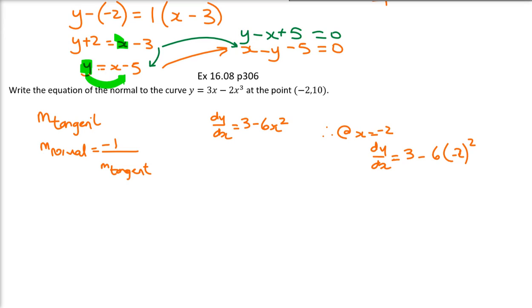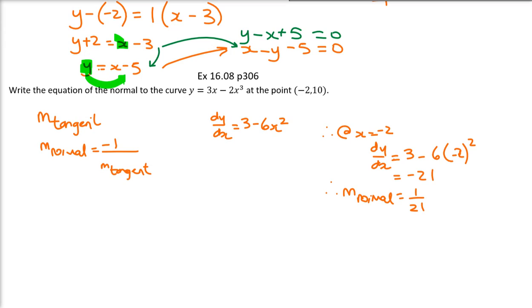So negative 2 squared is 4. 6 times 4 is 24. 3 minus 24 is negative 21. So what is that negative 21? The gradient of the tangent. So therefore, the gradient of my normal is negative 1 over negative 21. So yeah, it's 1 over 21. Happy with that?